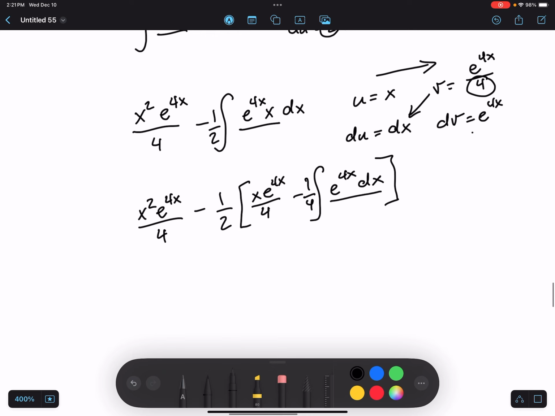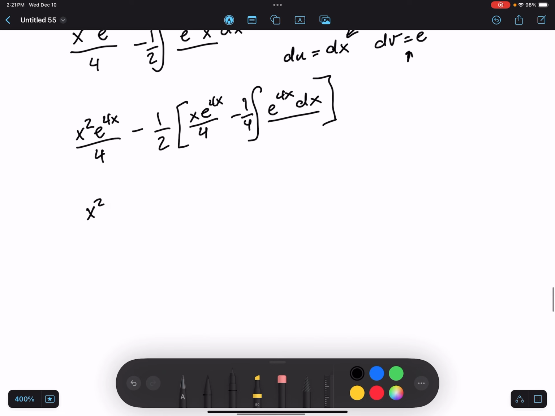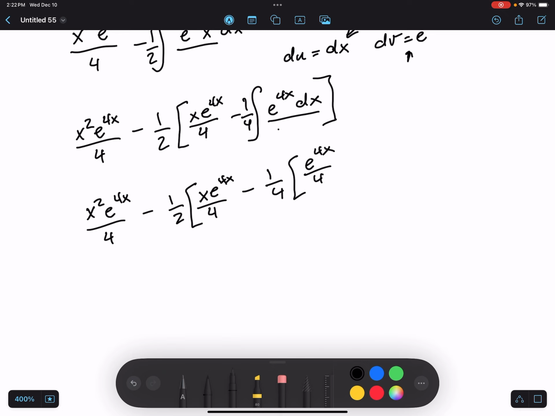And this again we've already integrated here, so that will be straightforward. So we write this all again, x²e⁴ˣ over 4 minus 1/2 times x e⁴ˣ over 4 minus 1/4 times e⁴ˣ over 4, which is the integral of just e⁴ˣ.